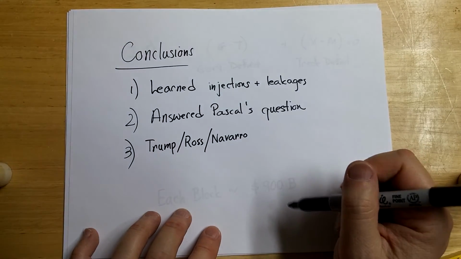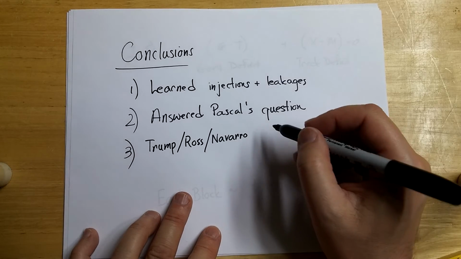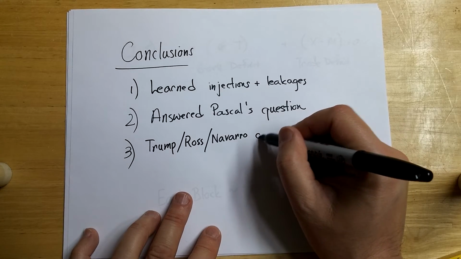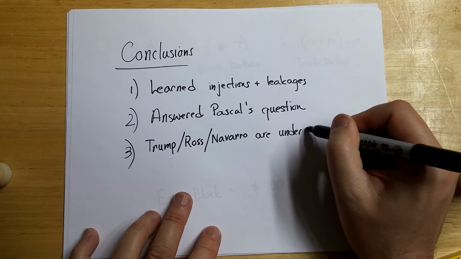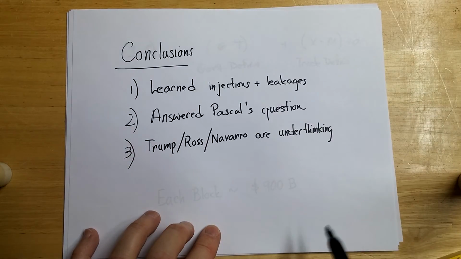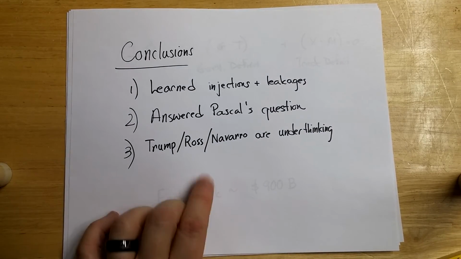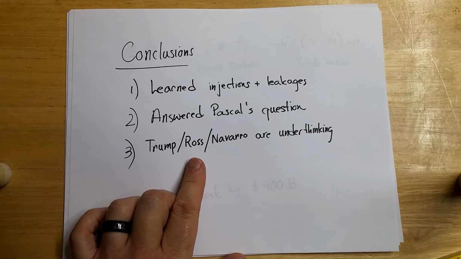We brought into focus this whole problem with their approach, that Trump, Ross, and Navarro may be, I guess what's the right word here? Underthinking their position. Okay, again, I'm picking on Wilbur Ross because he's the one that said what he believes most clearly, and it kind of seems to me like he's had a month of macro, but not a semester of macro, might be a good way of describing it.